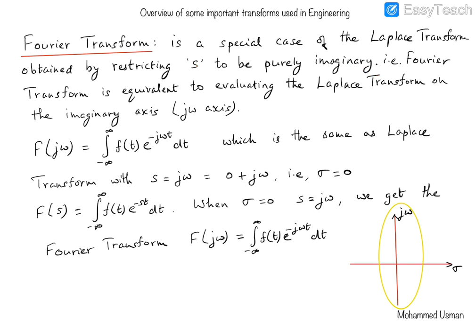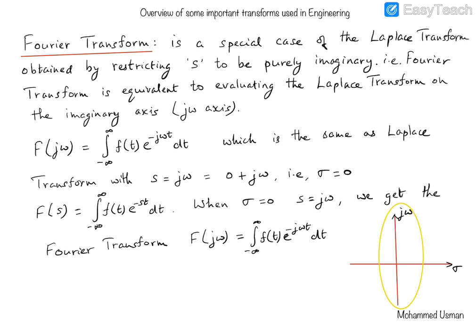So that means by computing the Laplace transform on the y-axis, the j omega axis, it will give us the Fourier transform. So when we force the complex variable s to be purely imaginary, that is, we make the real part sigma to be 0, that means we will be computing the Laplace transform along the j omega axis, and that will give us the equation for the Fourier transform.